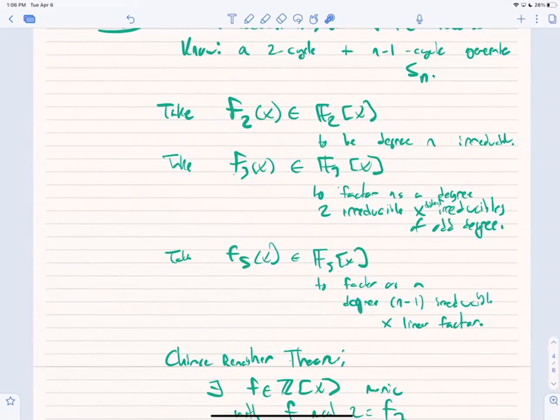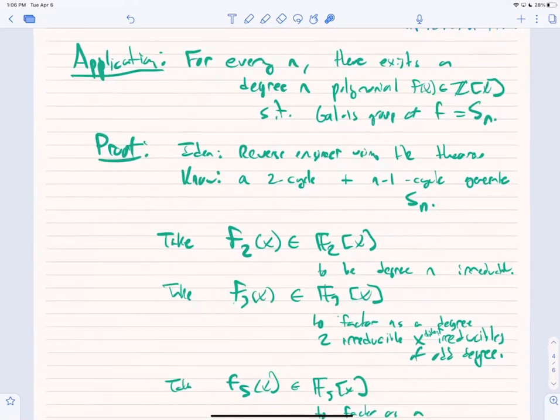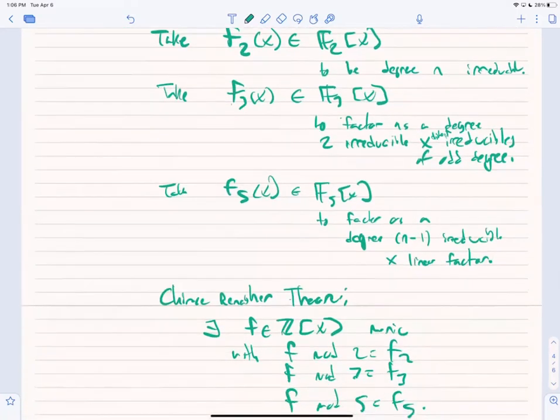Okay, so maybe I can add that too. There's a little bit of redundant information, but anyway, let me add it here. There's an irreducible degree n polynomial. So f is irreducible. It contains a 2-cycle, from this one.